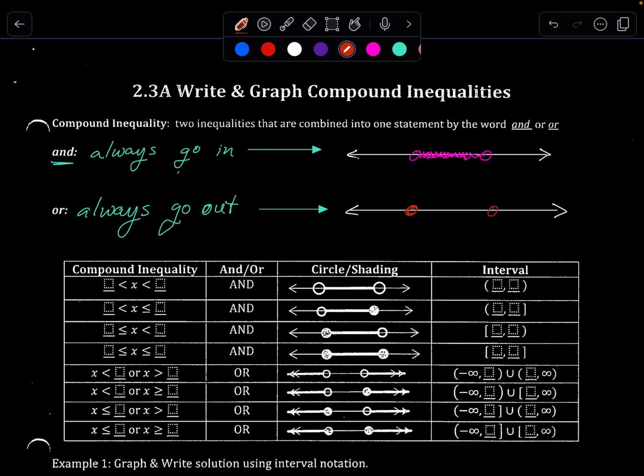They can be open or closed, it doesn't really matter. But an "or" means they're going to be going out like this, and out like this. As you can see the difference, these ones are going in, whereas these ones are going out, away from each other. So "and" is in, "or" is out.